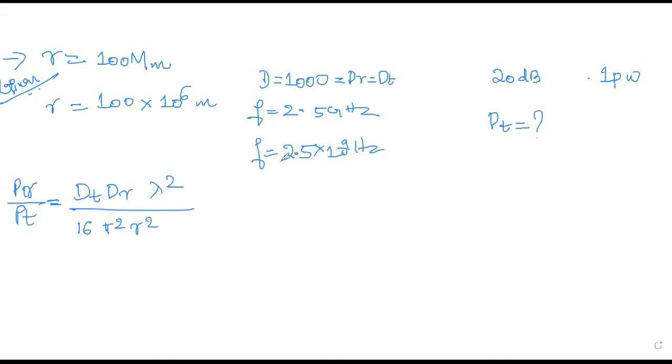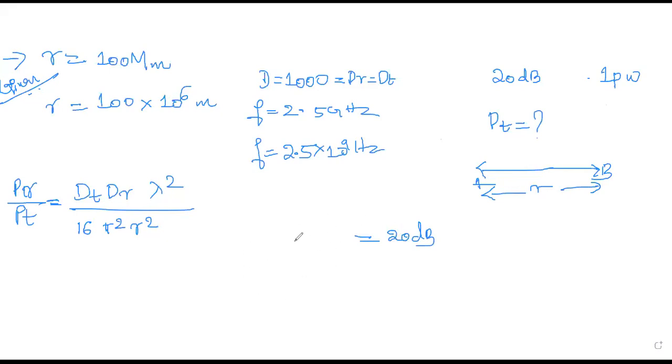To find out PR, you have A as a spacecraft and B as a spacecraft, separated by a distance R. Now, craft A receiver requires 20 dB over 1 picowatt, which means that something is given in dB.